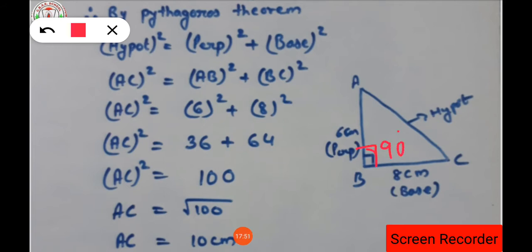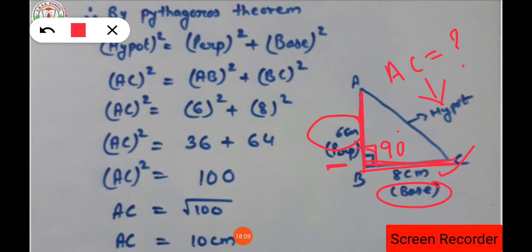The value of AB, which is the perpendicular, is given as 6 centimeter. The value of BC, which is the base, is given as 8 centimeter. The value of AC you have to find. And what is AC? AC is the hypotenuse. So what is the hypotenuse? Hypotenuse is the longest side of the right angle triangle.